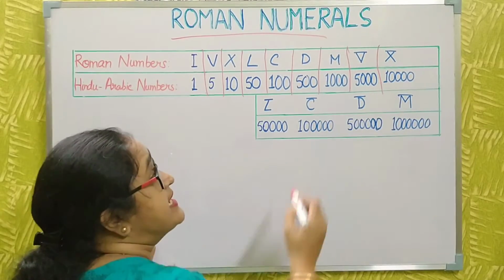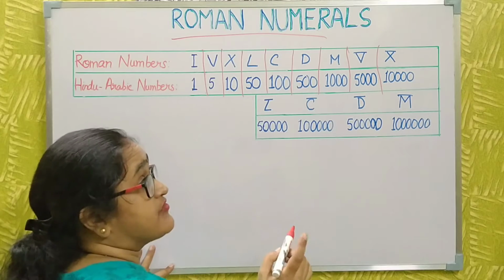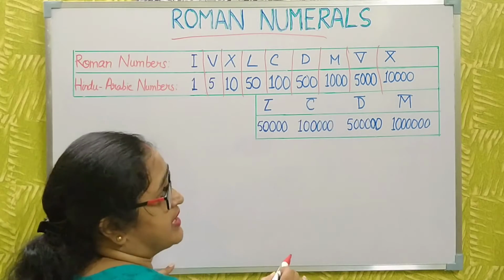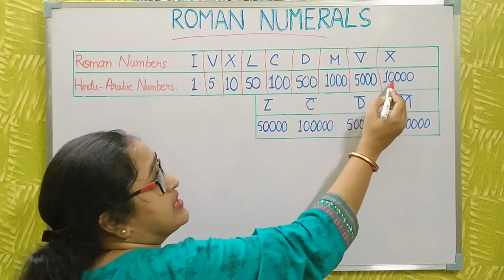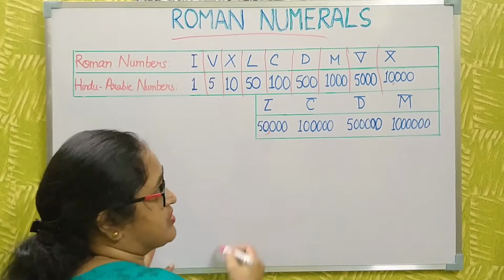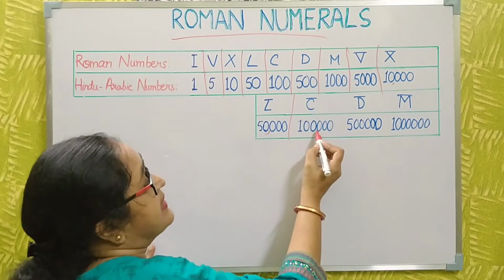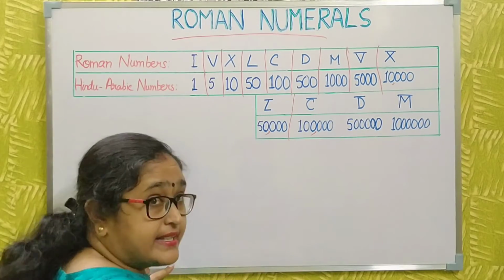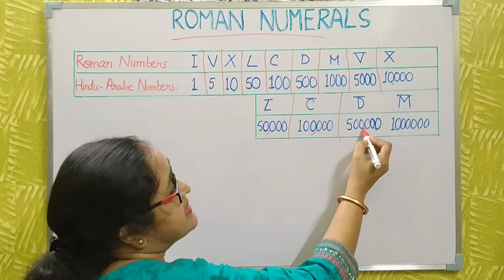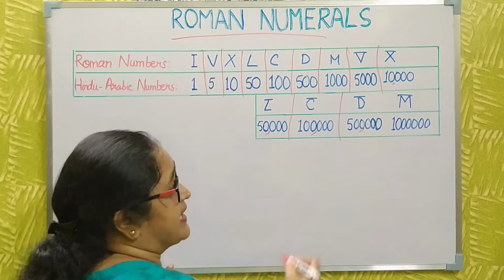and now this is very important. V bar, this is 5000. X bar, this is 10,000. L bar, this is 50,000. C bar, this is 100,000. And now D bar, this is 500,000.